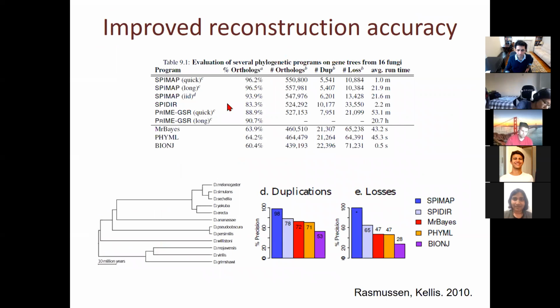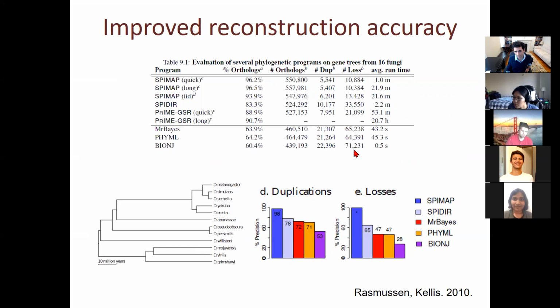So let's see how this method performs. If you look at the neighbor joining algorithm that we saw last time, it basically infers only 60% of orthologs correctly, and it infers 22,000 duplications and 71,000 losses, given whole genome alignment of all of these trees.